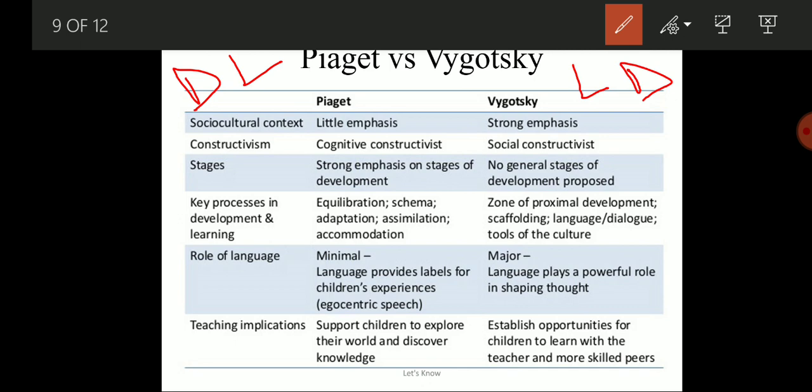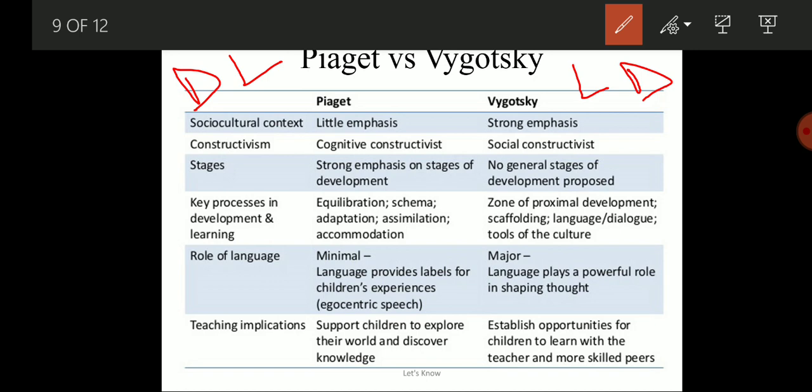Okay, here you see what Vygotsky says, zone of proximal development, as we have discussed already: a particular area up to which to reach we need some support and guidance. He uses the term scaffolding, that means little tips or help, language, dialogues, tools of the culture.